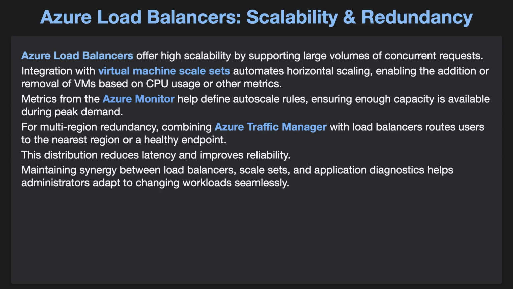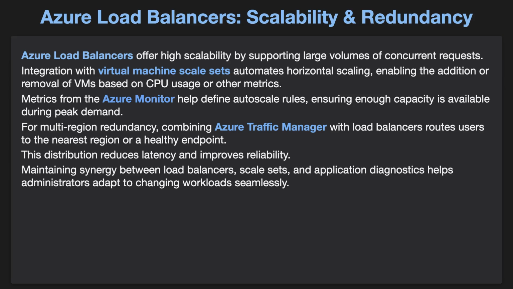Azure load balancers offer high scalability by supporting large volumes of concurrent requests. Integration with virtual machine scale sets automates horizontal scaling, enabling the addition or removal of VMs based on CPU usage or other metrics. Metrics from Azure Monitor help define auto-scale rules, ensuring enough capacity is available during peak demand.